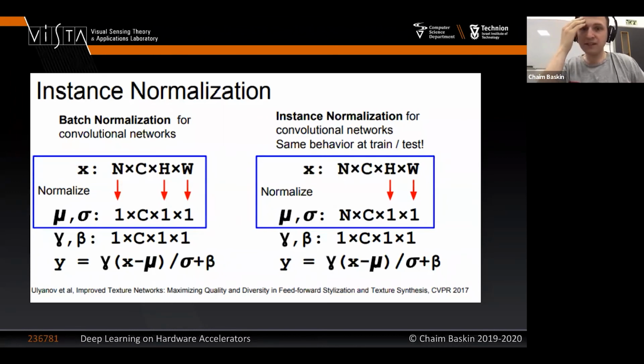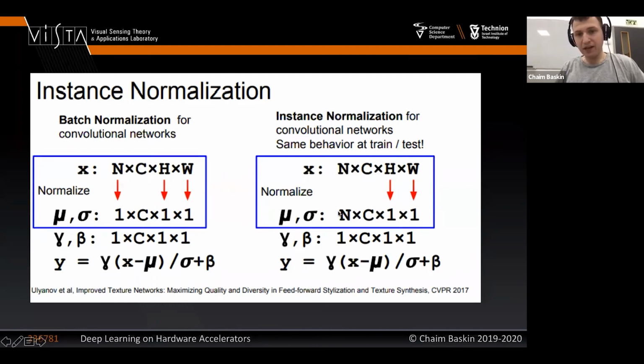The difference in instance normalization is that we have the same behavior for test and for train. Our input x is n by c by h by w.